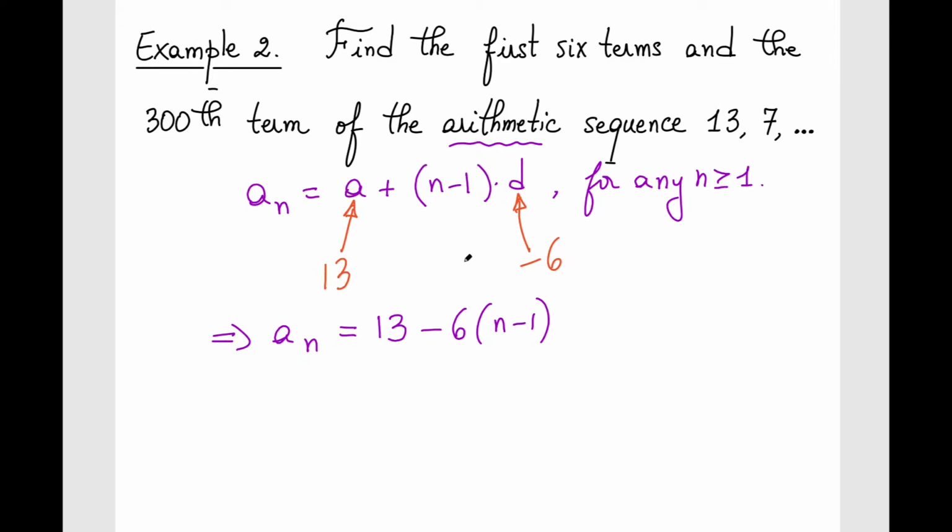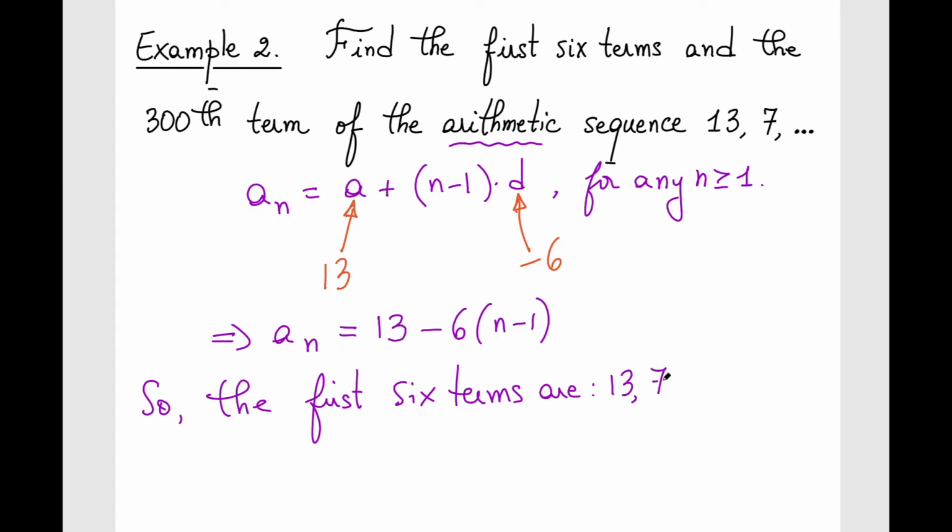Correct? So the first 6 terms are: the first one is 13, it's given to us. The second one is 7. You keep subtracting 6. So 7 minus 6 is going to be 1. You can check it here.